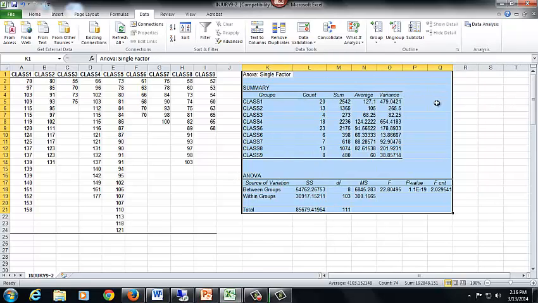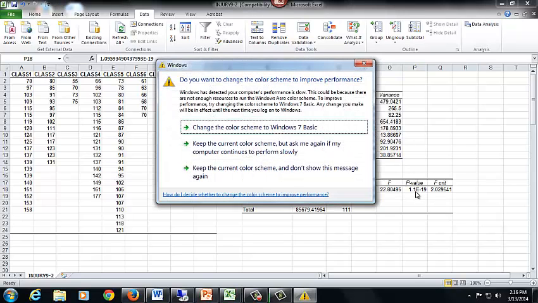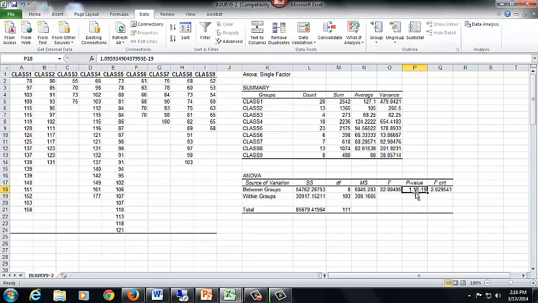Now I look at the between groups row, which tests H0, that the number of injuries is equal across all 9 classes. My p-value is definitely less than 0.05. Sorry about that.